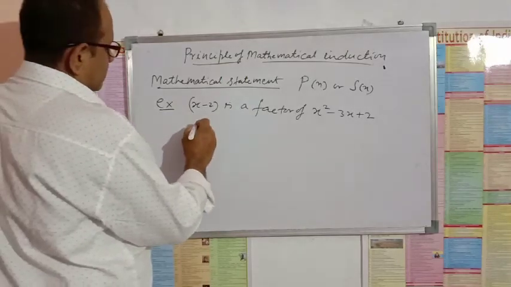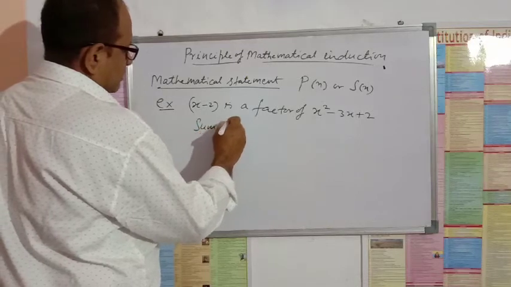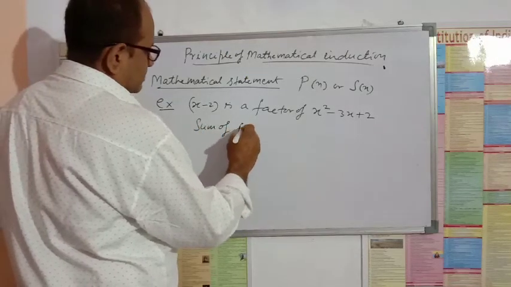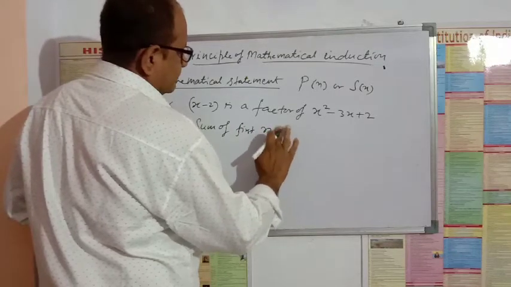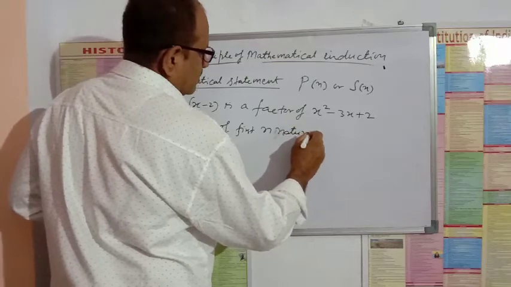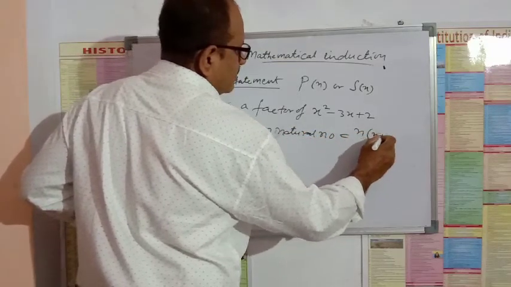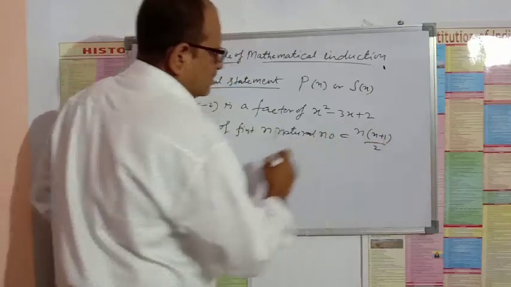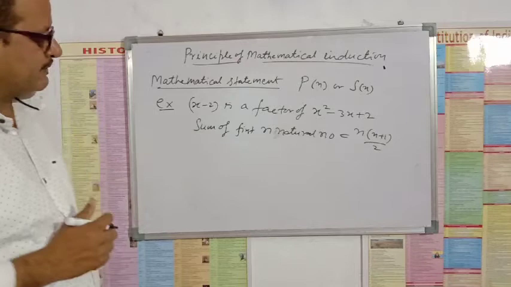Next, the sum of the first n natural numbers is equal to n(n plus 1) by 2. It is also a mathematical statement.